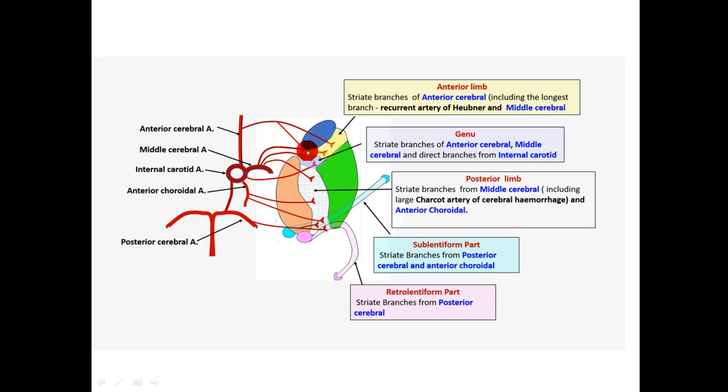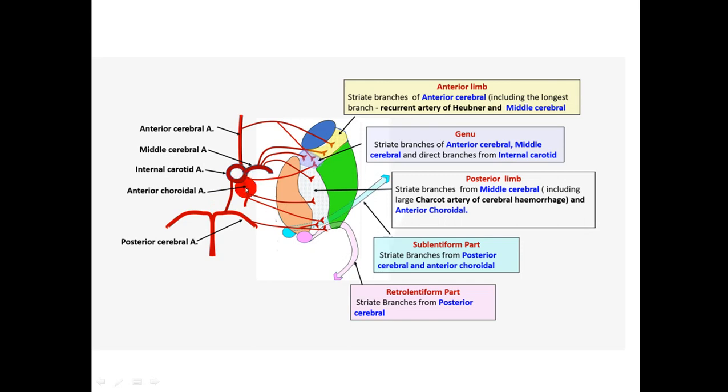See, and the middle cerebral artery is here. You can follow the direction. This is one branch, which is going to supply the anterior limb, genu and mainly the posterior limb. So most of the posterior limb is supplied by the middle cerebral artery. And now you can see one more artery. Some arteries are directly originating and supplying the genu.